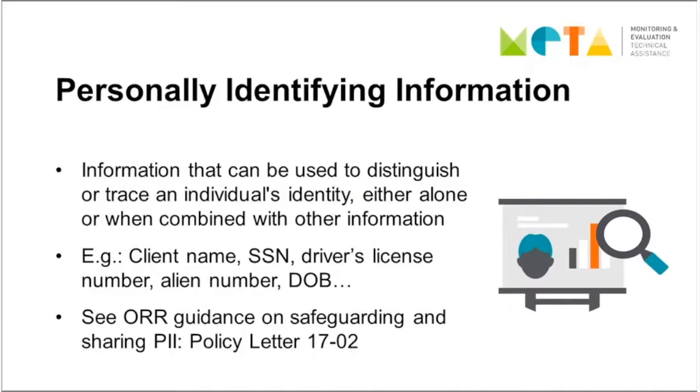And the reason I wanted to mention it, although it's always important, is that when it comes to reporting, you want to make sure you have an effective data collection and management system that specifically has a process for dealing with personally identifying information, and that what you're including in the report is not personally identifiable.